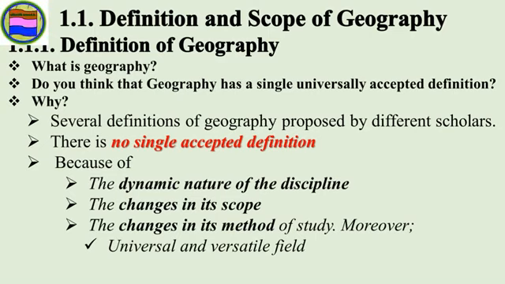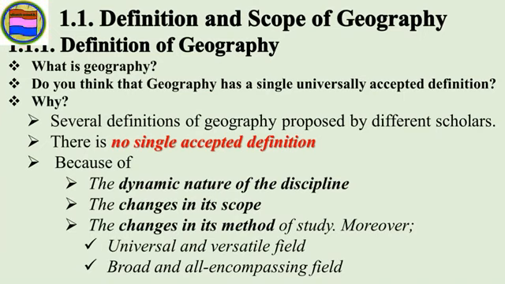And the other reason is that geography is a broad and all-encompassing field. This means geography is considered broad and all-encompassing because it includes a vast range of topics.